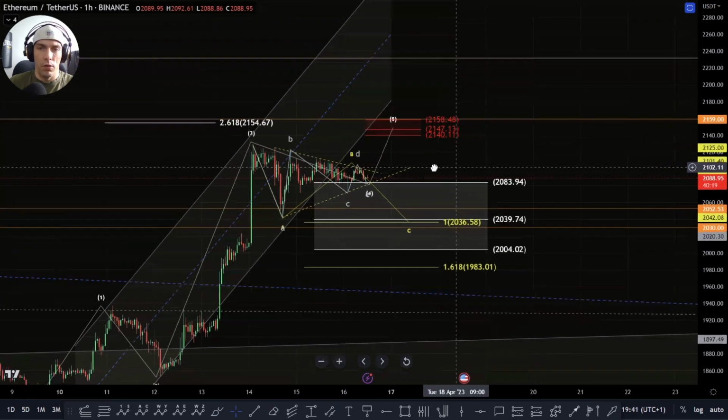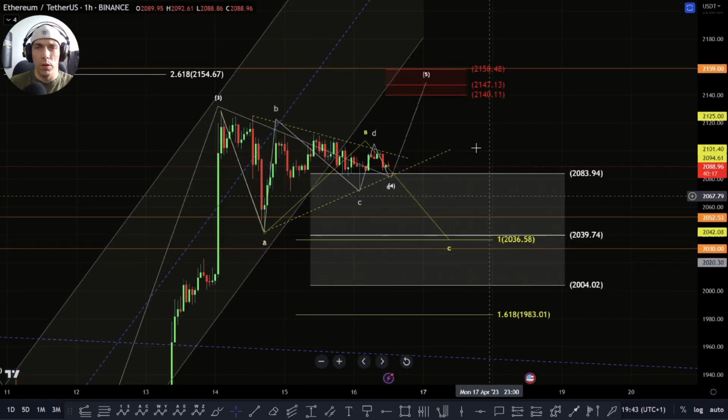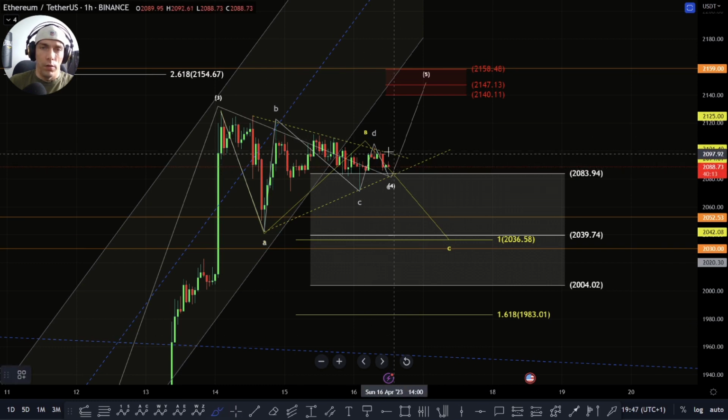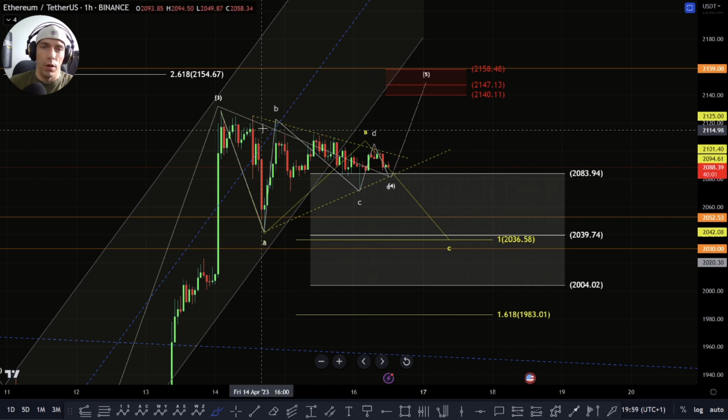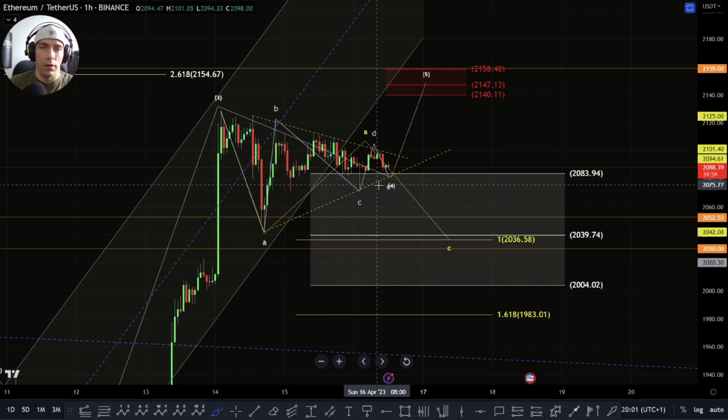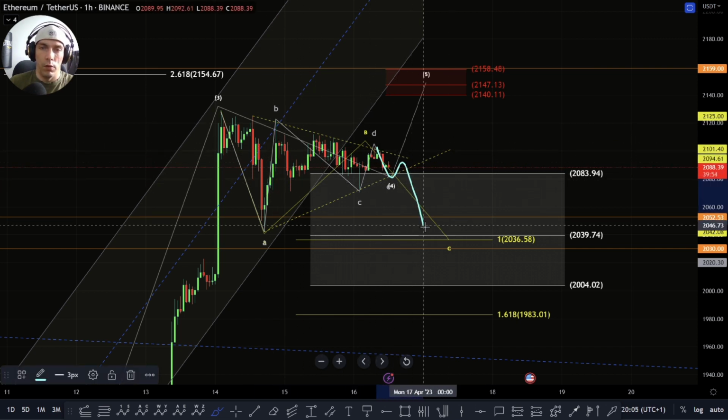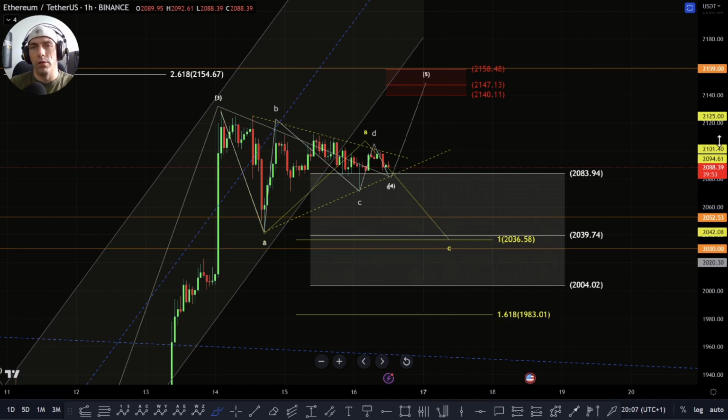But this does look like the most probable option in my opinion, that either we are going to see this develop complete as a triangle, potentially coming back into this trend line here towards this 2082. Really, we don't want to lose the C wave area here of this 2072, otherwise it becomes less likely that we are within a triangle, or this triangle is the other way around and it's looking to actually start to break down in a five wave structure.